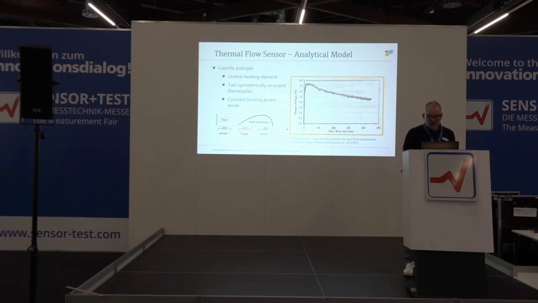So a typical flow output looks like this. The voltage output is somehow proportional to the temperature difference, and as you increase the flow rate, the temperature difference increases, comes to a maximum, then goes back. So typically you would measure in the first slope when the temperature rises.